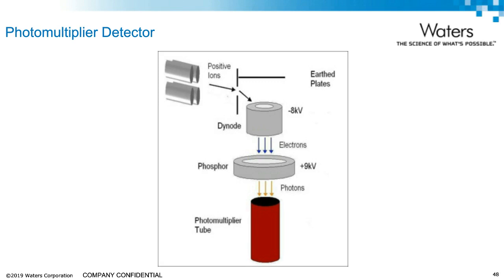The data system then receives the signal. Keeping the photomultiplier permanently under vacuum prevents contamination and allows the detector to maintain its performance for a considerably longer period than conventional electron multipliers. This detector is used in nearly all Waters quadrupole-based MS systems.